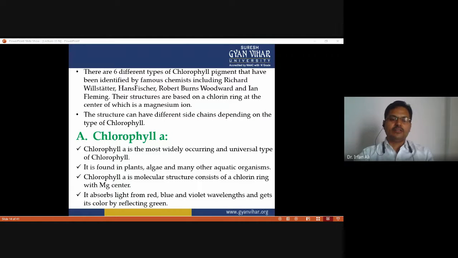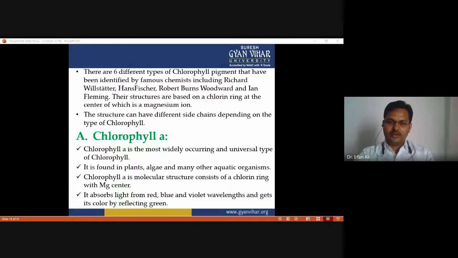These researchers discovered the various types of chlorophyll, and their structures are based on a chlorin ring at the center of which is a magnesium ion. The structure can have different side chains depending on the type of chlorophyll. The basic structure is the same in all chlorophyll molecules, with the only difference being the branching pattern.